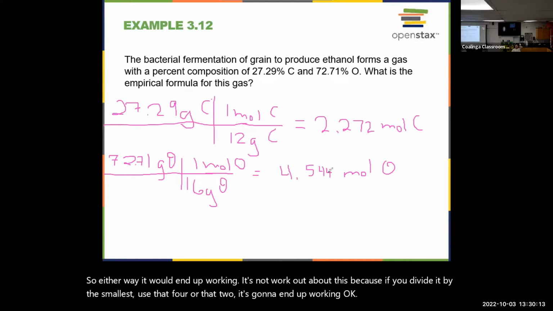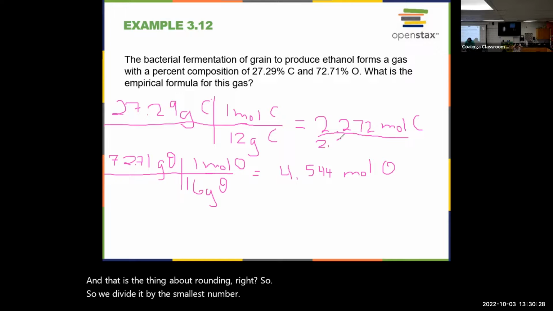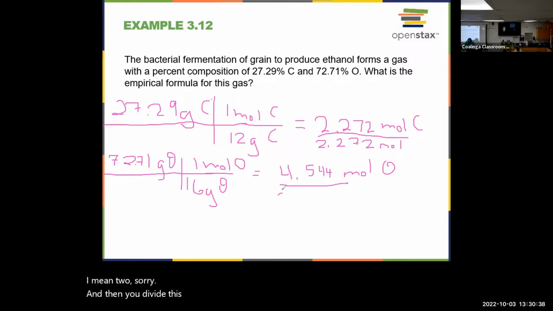And that is the thing about rounding, right? So we divided by the smallest number. So we said 2.274. I mean 2, sorry. And then you divide this one by said number.